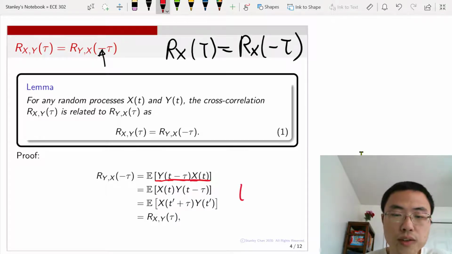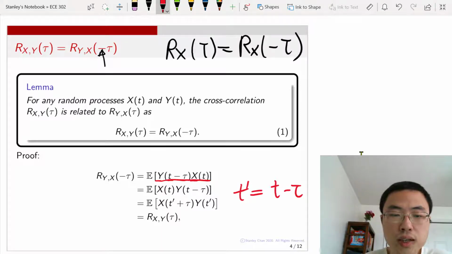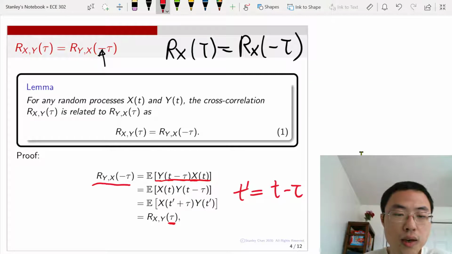Or in other words, you can define a substitution t prime equals t minus tau, and therefore t will equal t prime plus tau, and then t minus tau will equal t prime. And since they are both jointly wide-sense stationary, you can just look at the time difference between these two timestamps. That will give you a tau. And therefore you have shown that R_yx equals R_xy with a minus sign present in the argument.